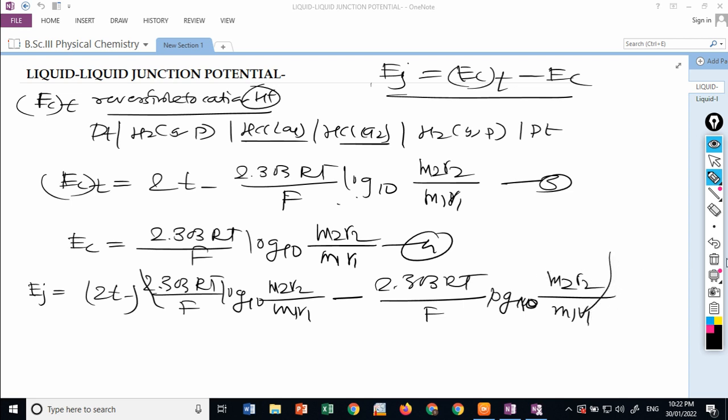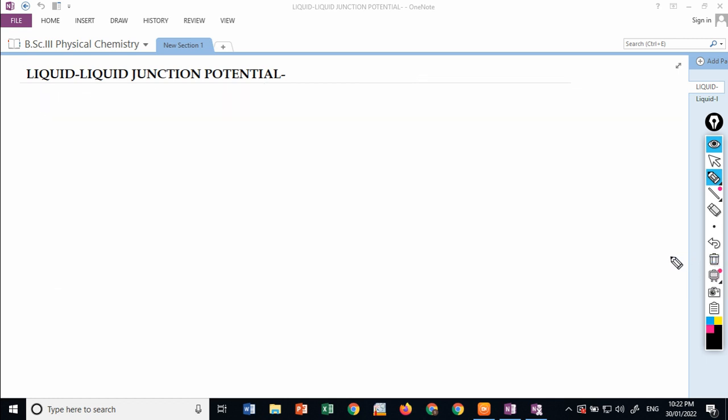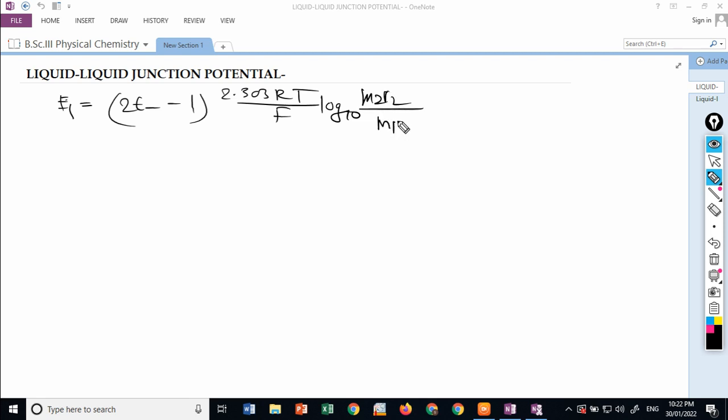Further, the liquid junction potential is equal to 2t minus 1 times 2.303 RT divided by F log to the base 10 of M2 gamma 2 divided by M1 gamma 1. This is equation 5.